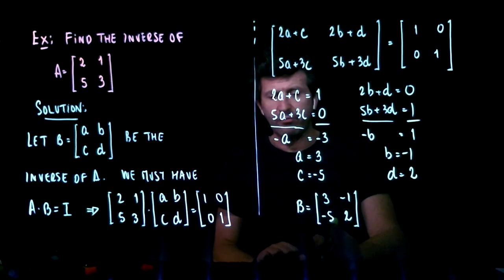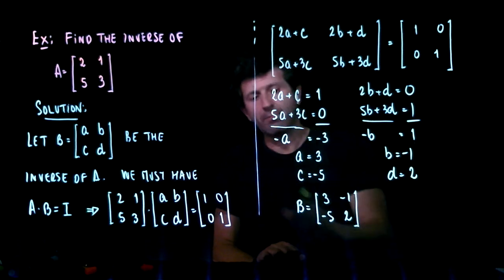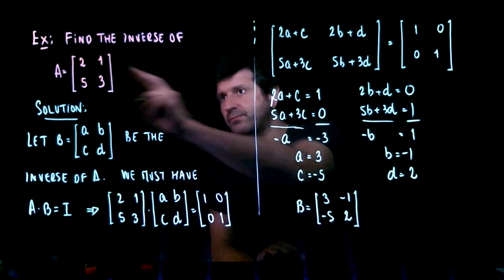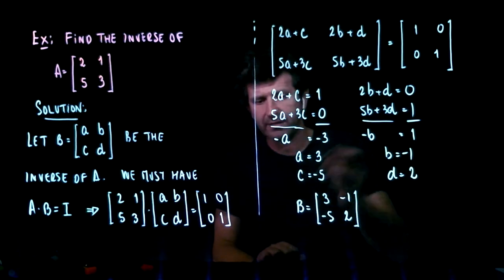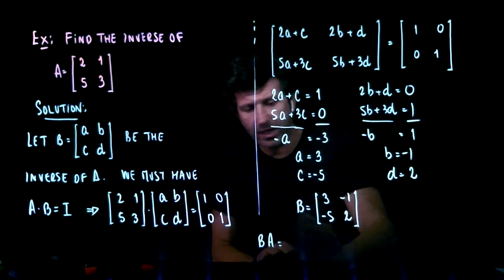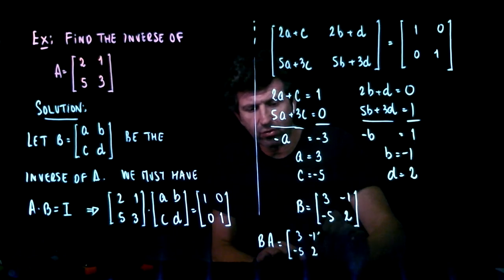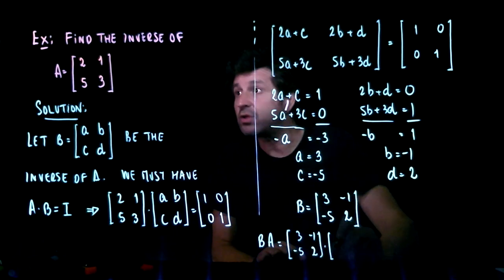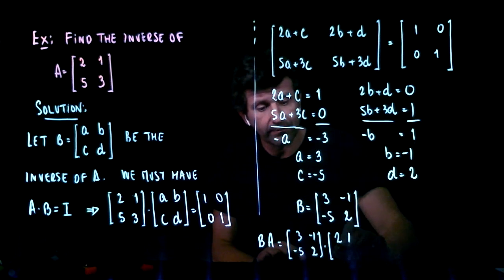Okay. How do I verify that I have the correct answer? So of course, I will just multiply B by A and see if I get the identity. So let's try. B times A or A times B, doesn't matter. 3, negative 1, negative 5, 2 times A, which is 2, 1, 5, 3.